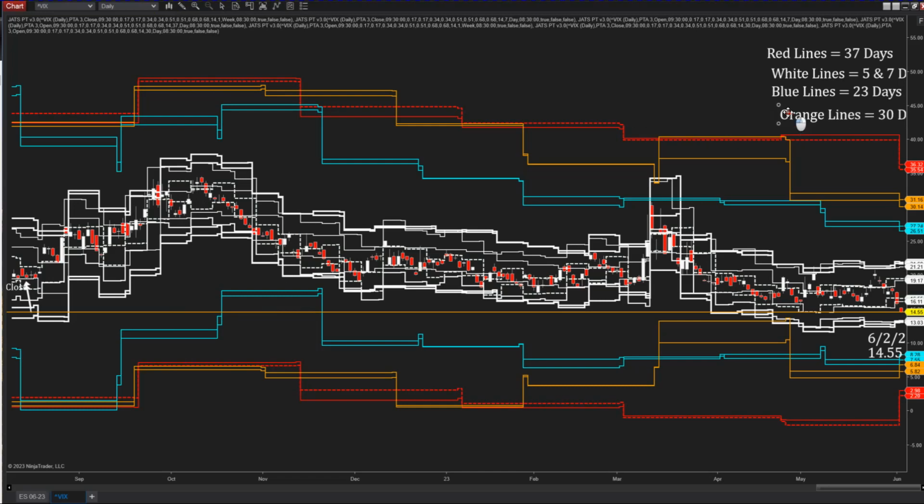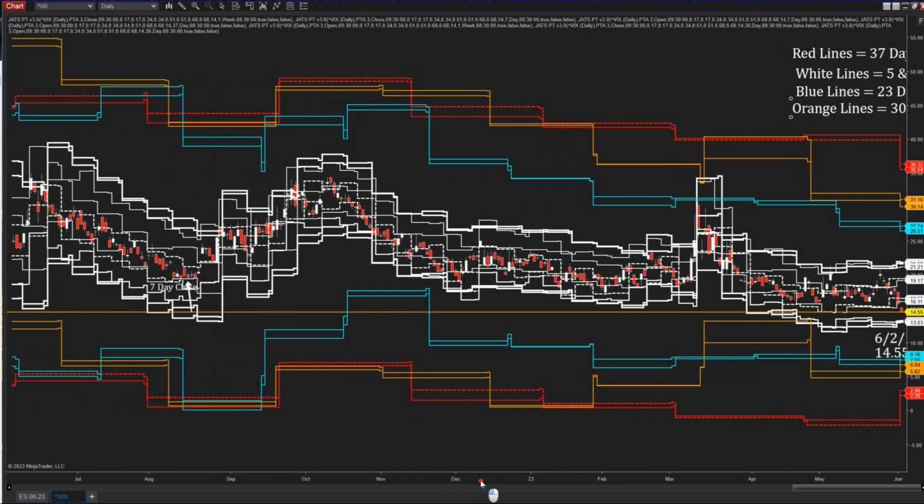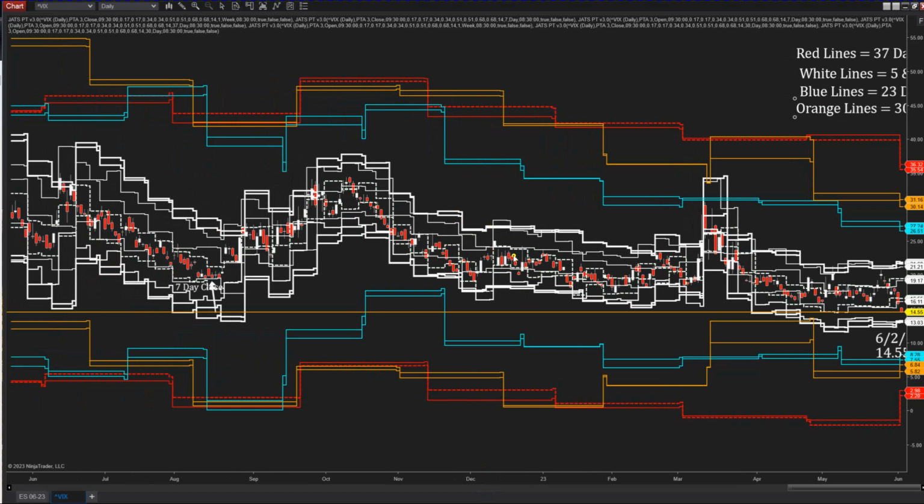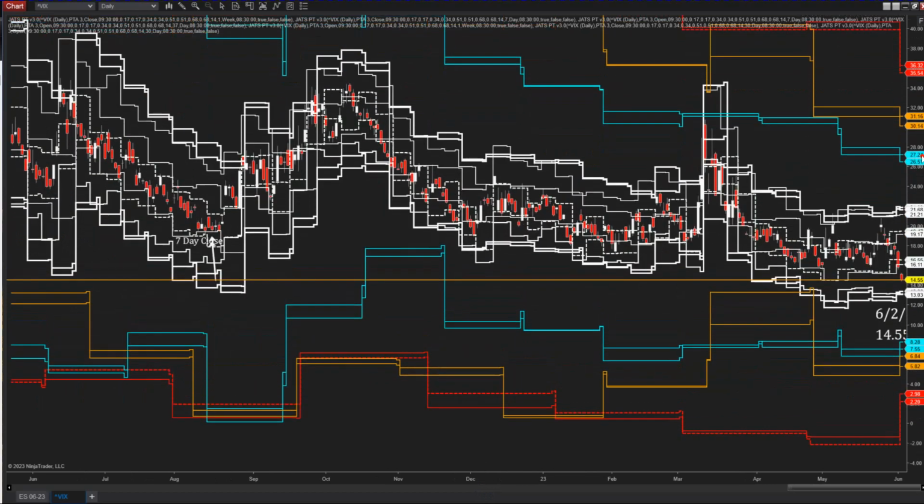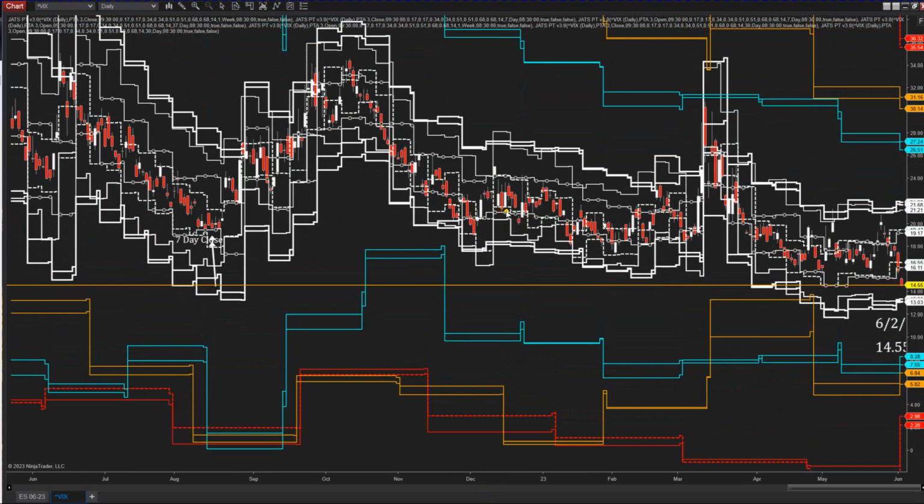I mean, why continually sell vol way out here if you've been compressed and staying inside, especially this first white level, right? The 7-day and these weekly levels. As long as you're trading inside these levels, there's no reason to sell the premium way down here, right?